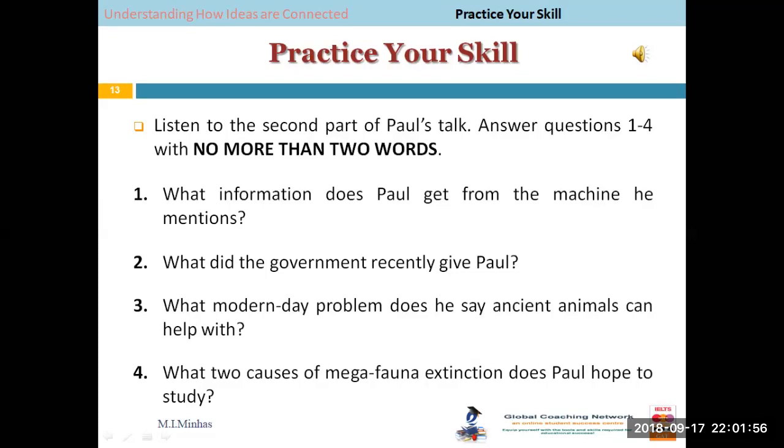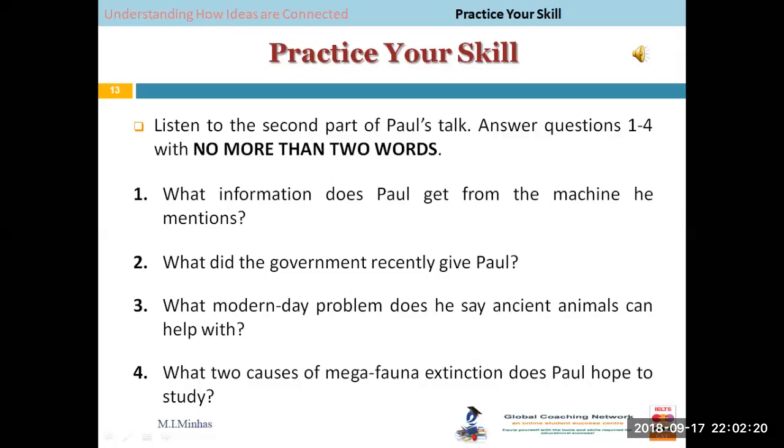Climate change is a big problem for the present day as well. If we study how ancient animals coped with climate change, we can also apply the same methods to today's animals. So that was climate change.